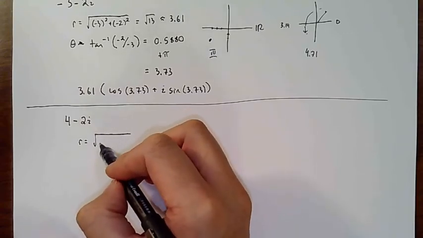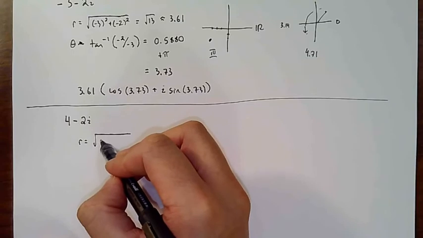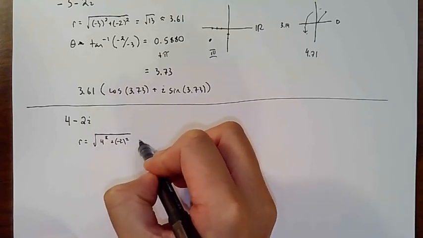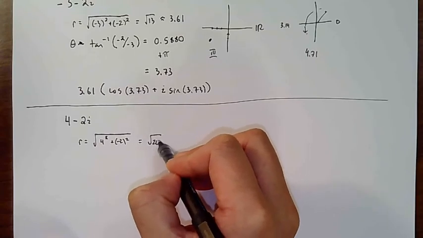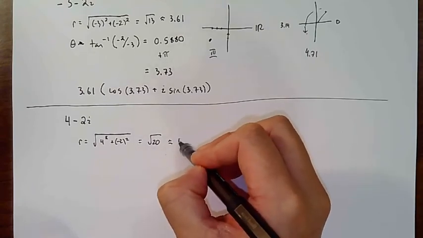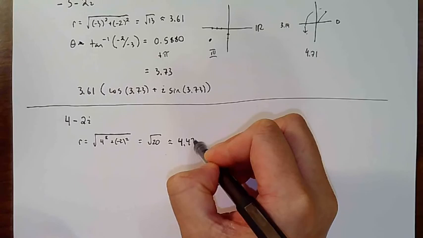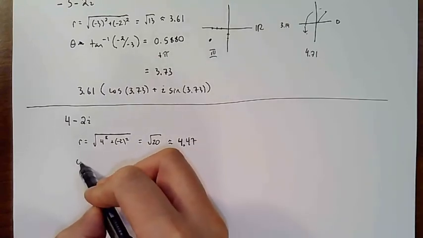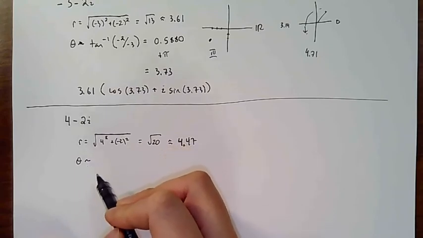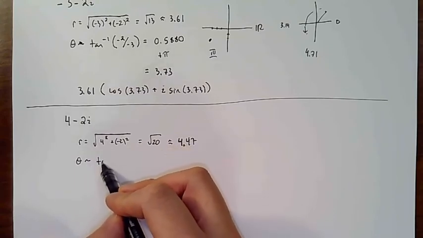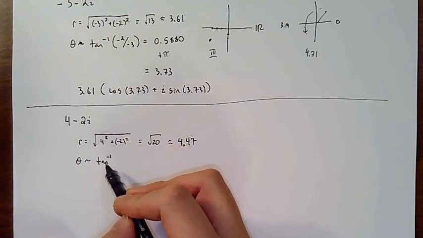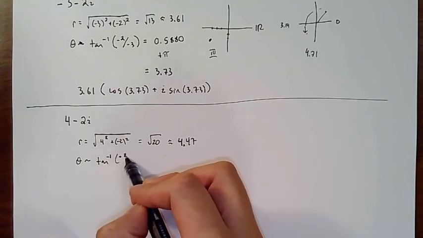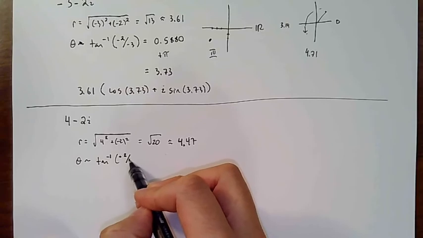Well, our r is going to be the square root of 4 squared plus negative 2 squared, which is square root 20, or 4.47 after we've evaluated it and rounded it. And then we're going to find our theta, which is something like tan inverse of negative 2 over 4.